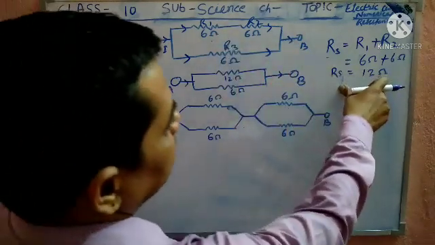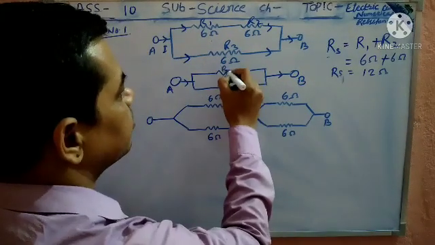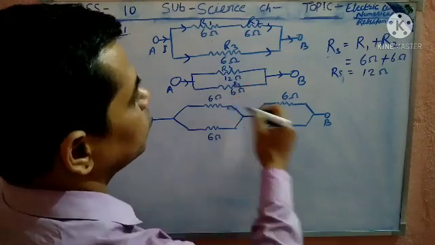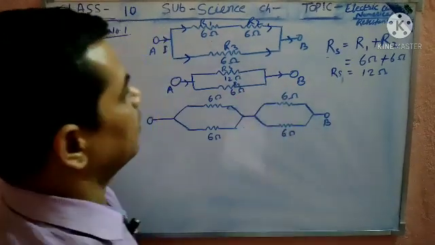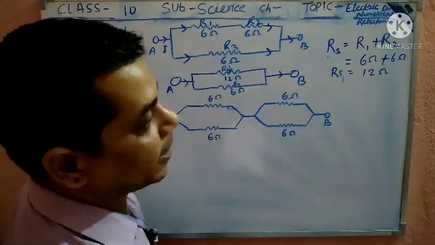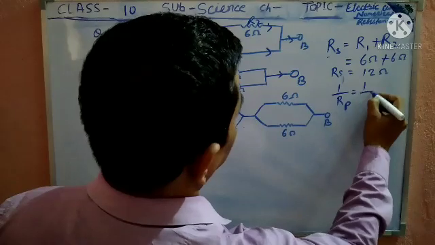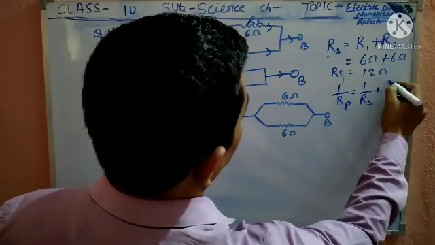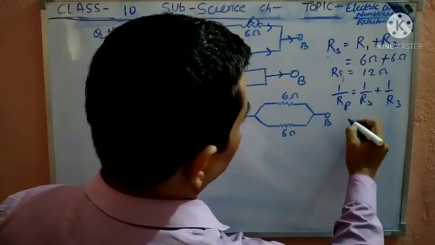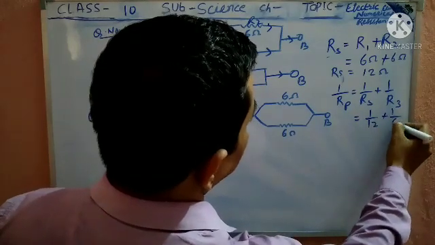Now R series and R3 are in parallel. So 1 by R parallel equals 1 by R series plus 1 by R3, that is 1 by 12 plus 1 by 6.